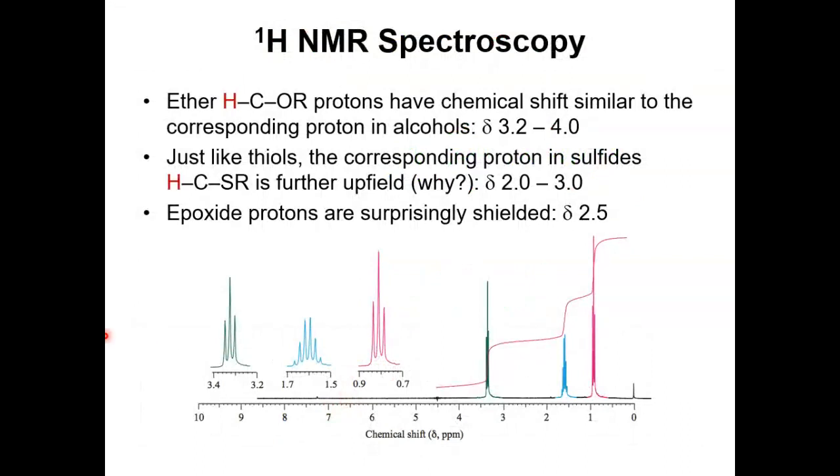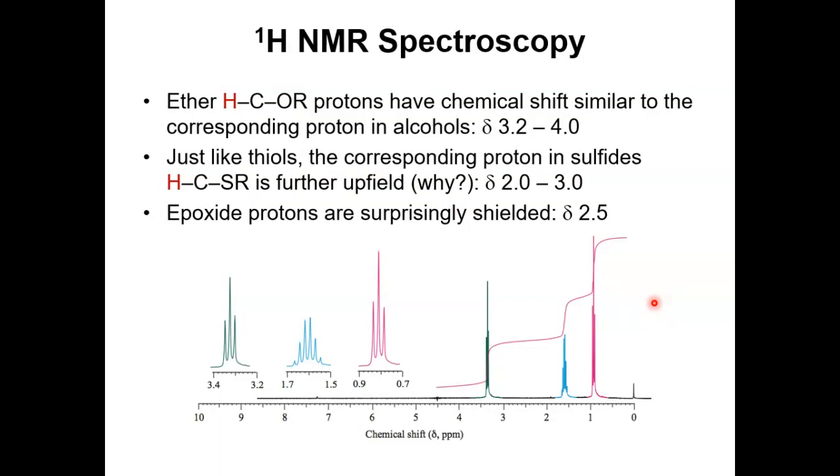And the similar proton in sulfide also will be deshielded, but the degree of deshielding is substantially lower than in alcohols, because after all, sulfur is less electronegative than oxygen.